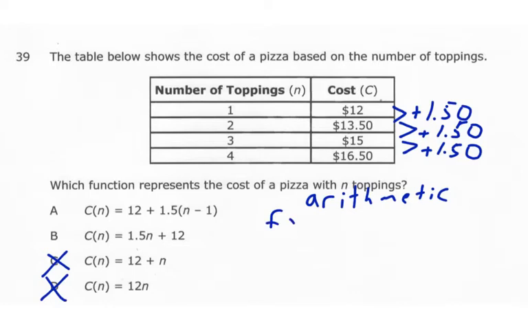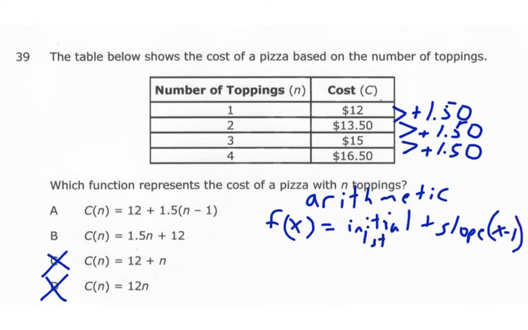We could do f of x equals the initial amount, plus the slope, and we can use different symbols to show this, but it means the same thing. So the initial amount, meaning the first term, plus the slope times the x minus 1 term. So that's one way to do it.